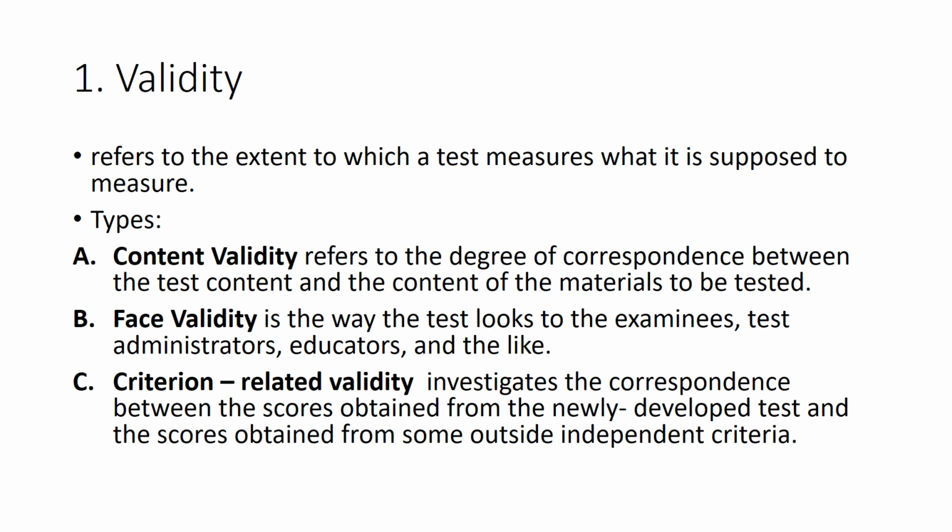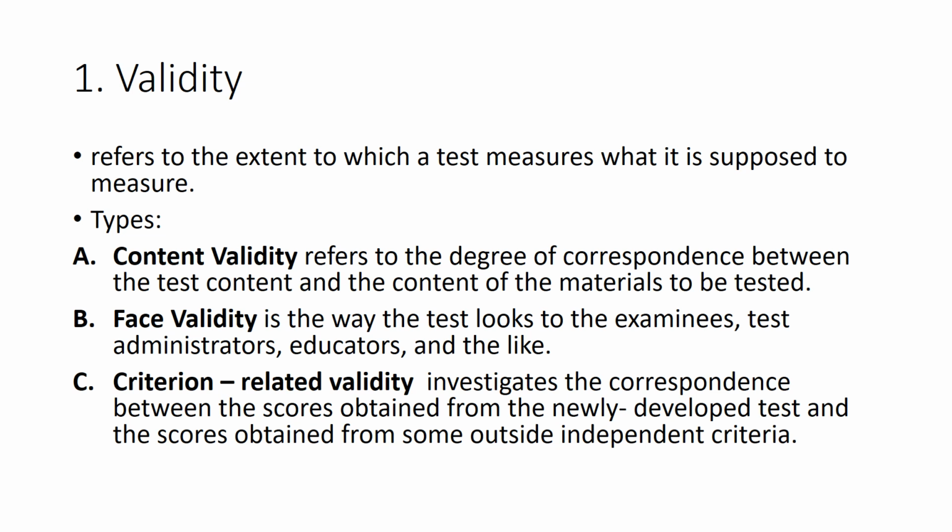Okay? So you are going to correlate between the two sets of the scores. You are going to compute the correlation between them, and the value that you are going to get will tell you whether your test was valid or not.